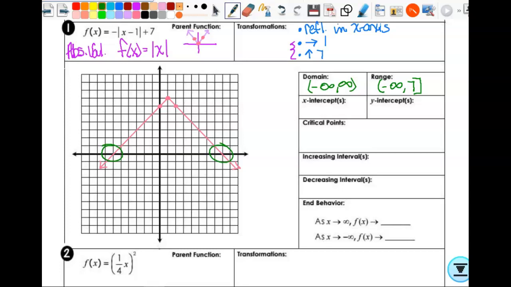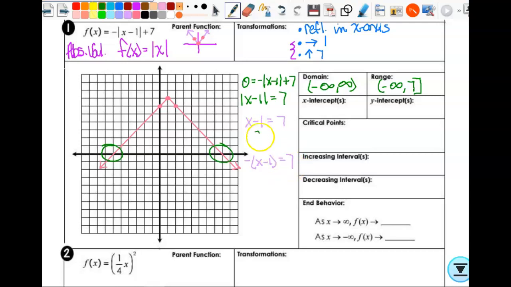An x-intercept is when y is 0, right? So I have 0 equals negative absolute value of x minus 1 plus 7. So I'll move my absolute value over. Then I'm going to have 2 things here. x minus 1 equals 7, and negative x minus 1 equals 7.